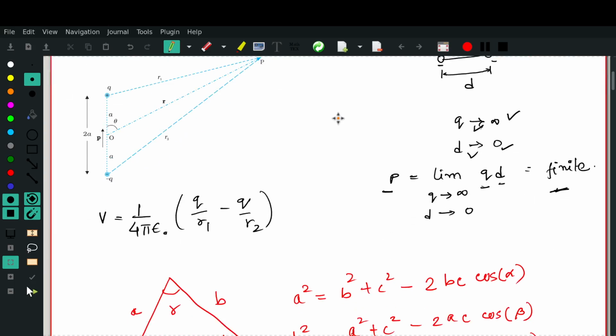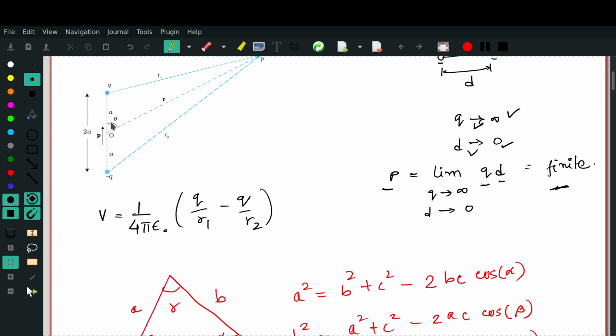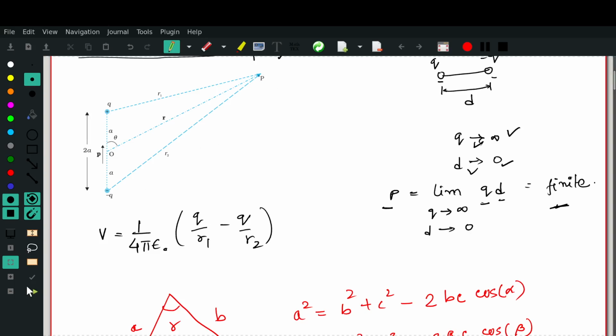Now for a dipole, let's calculate the potential at some point p. I want to calculate the potential here with respect to some point where the potential is 0. Here you see that there are two point charges. I will write the potential for the positive charge first, which is given by 1 by 4 pi epsilon 0 q by r1, where r1 is this whole distance.